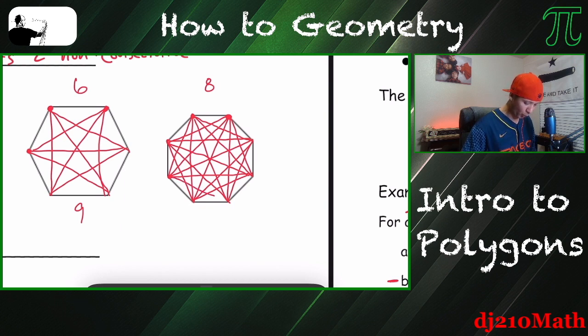I missed one. 20. So an 8-sided shape has 20 diagonals.